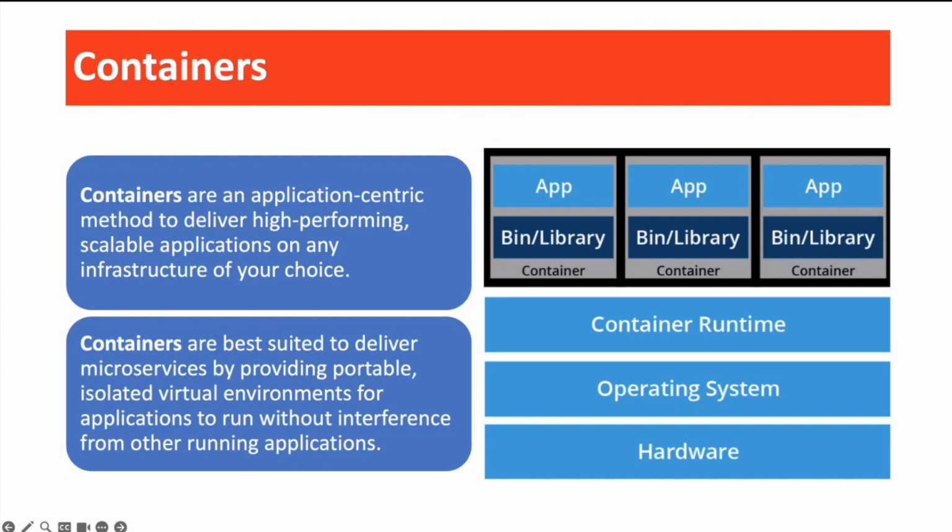All of this happens in milliseconds. This is not possible with VMs because, as I said, a VM takes time in the order of seconds, and the industry is moving towards architectures where everything happens in milliseconds. So this is what a container is, and these are the advantages it provides.